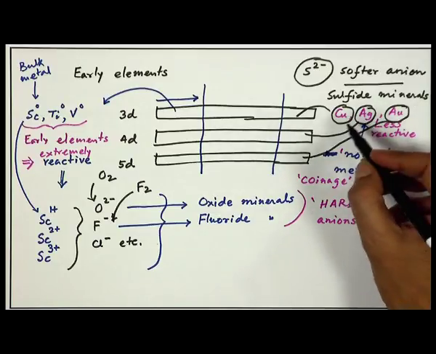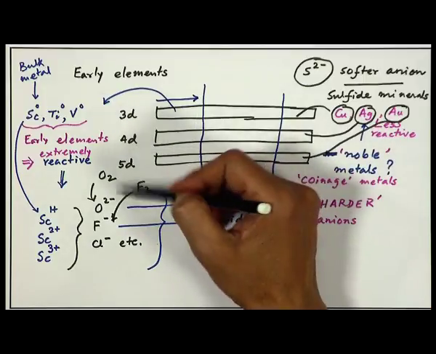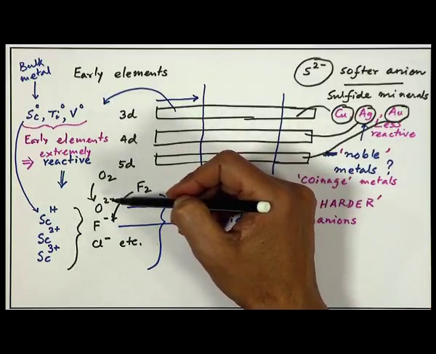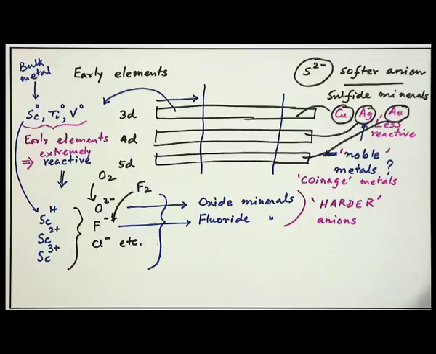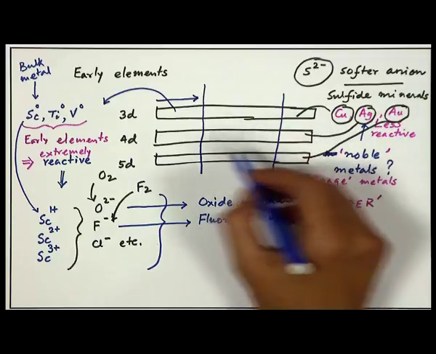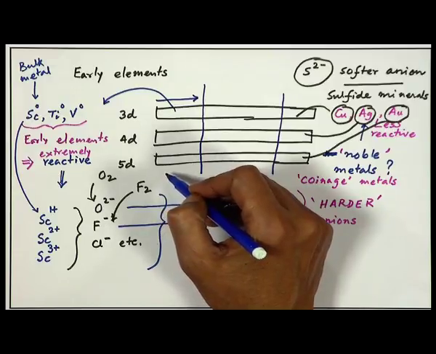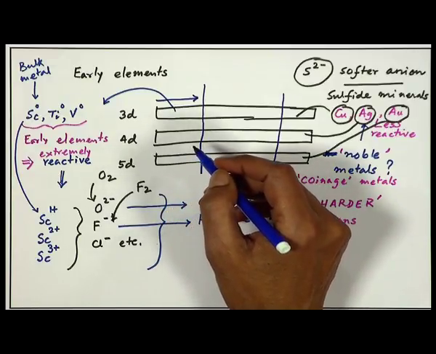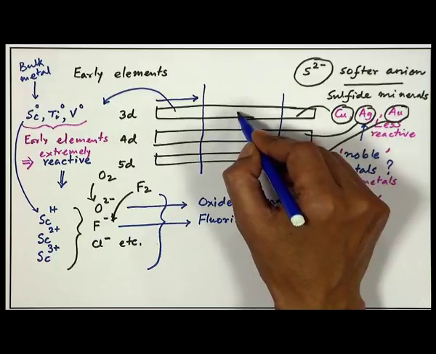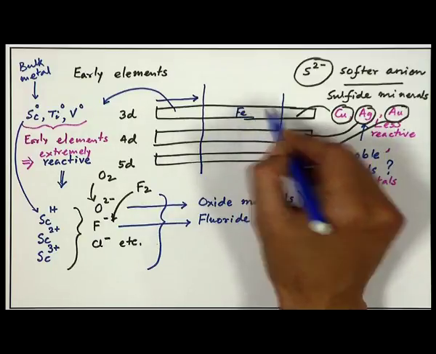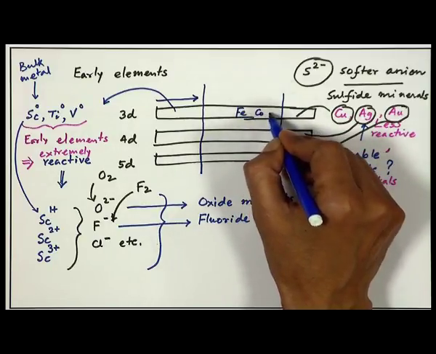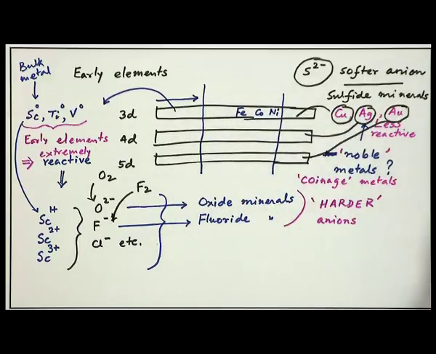So, what if we look at the right hand side and compare it with the left hand side, and now move to the other elements in the 5D and 4D series. This particular group has, suppose, iron, cobalt, nickel.